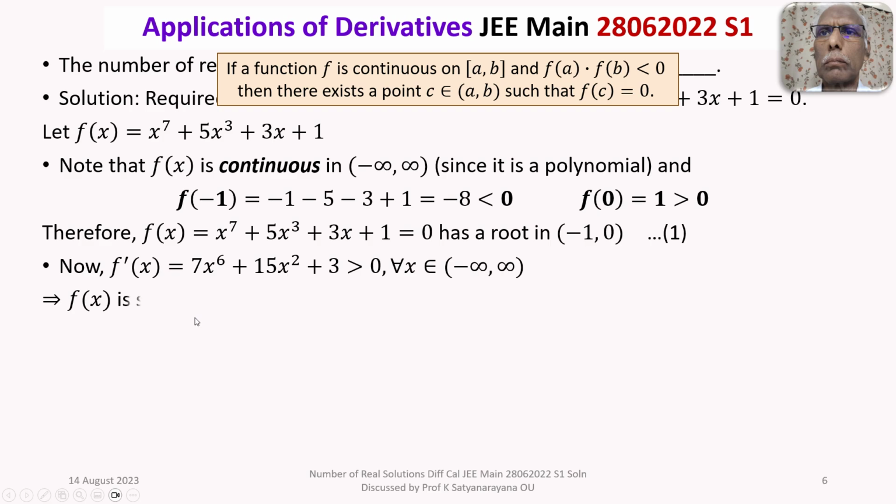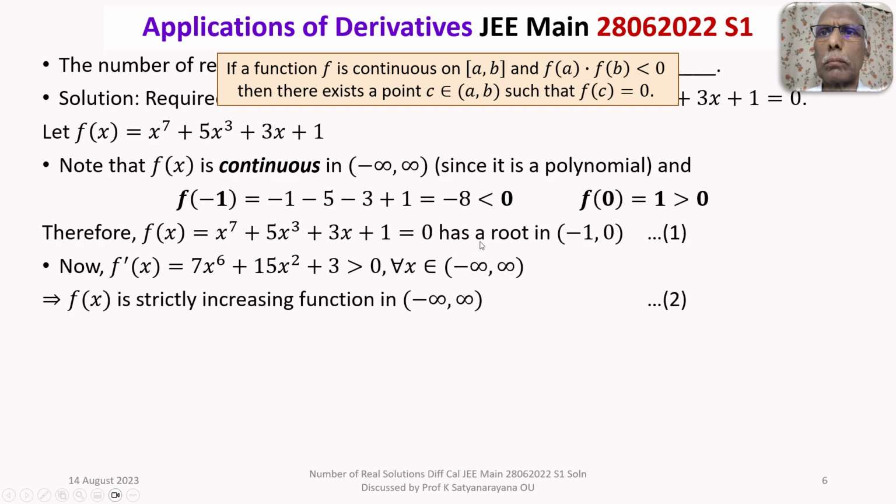Then it says f of x is a strictly increasing function in the whole of the real number line, that is minus infinity to plus infinity. Now combine this 1 and 2. f of x is strictly increasing on the whole of the real number line, and f of x has a root in minus 1 to 0. Because it is strictly increasing, it will not cross the x-axis more than once.